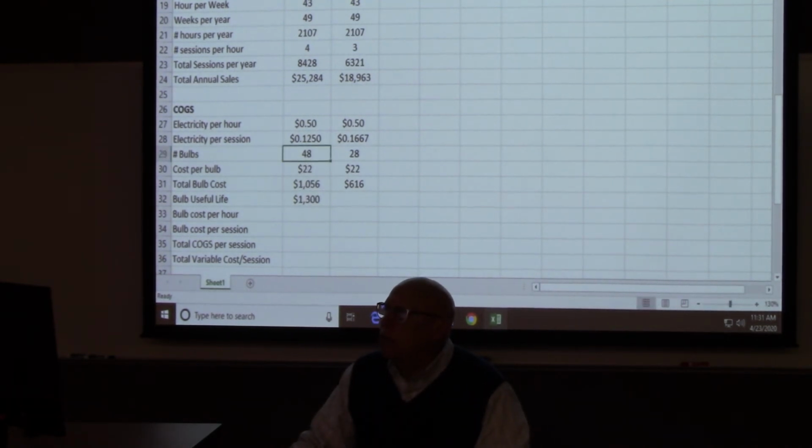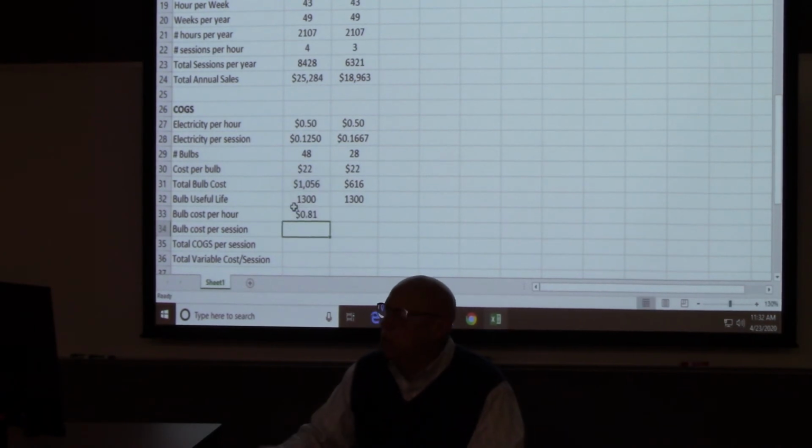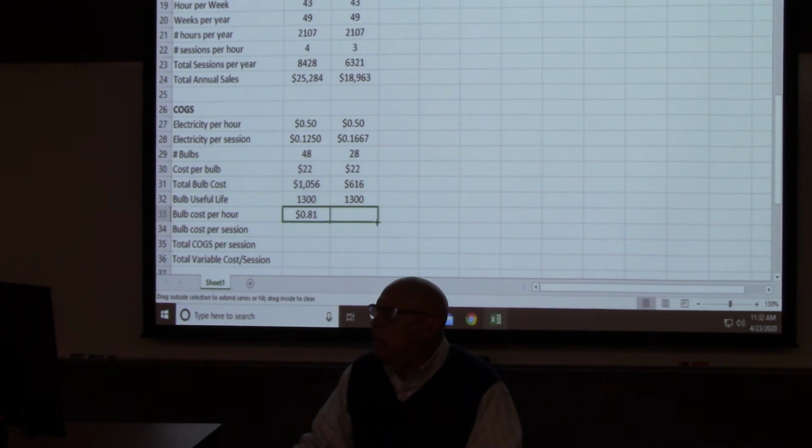That is not a currency, so let's do that. And then let's drag that over there. And we say equals that divided by that. Okay? And let's drag that over here.